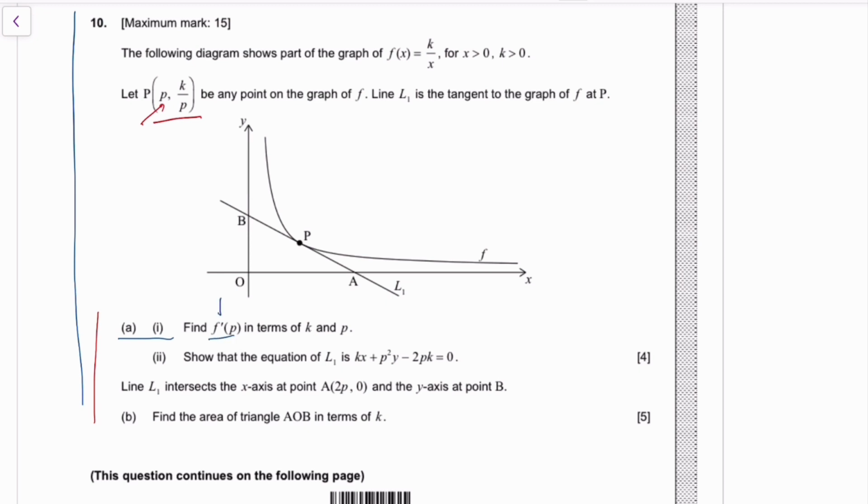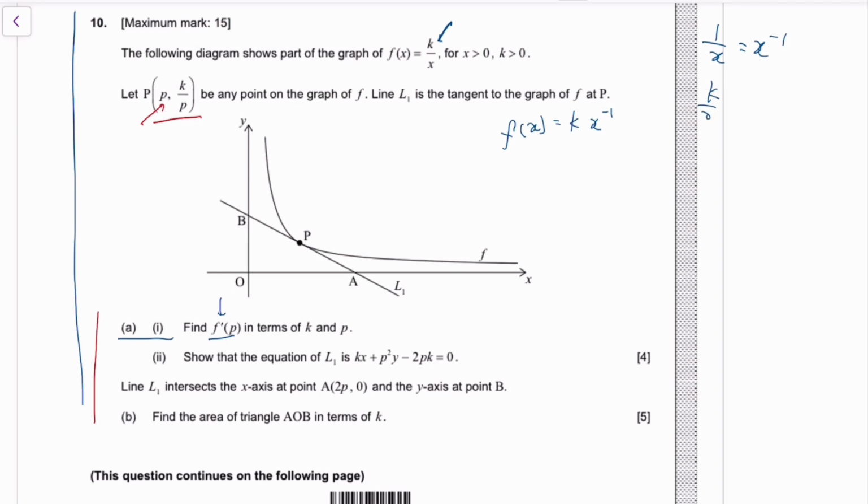They want us to find the derivative, so we will find the derivative, f'(x). So you probably know to differentiate k over x, you need to change it to a power. So it's k times x to the power of minus 1. That's because 1 over x itself is the same as x to the power of minus 1.